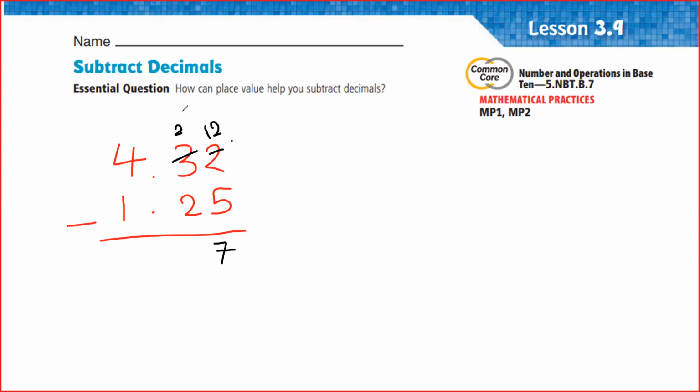Then 2 minus 2 is 0. Then I will put down the decimal point. Then 4 minus 1 is 3. So the answer will be 3 and 7 hundredths. This is the idea of the lesson. Let's start now.